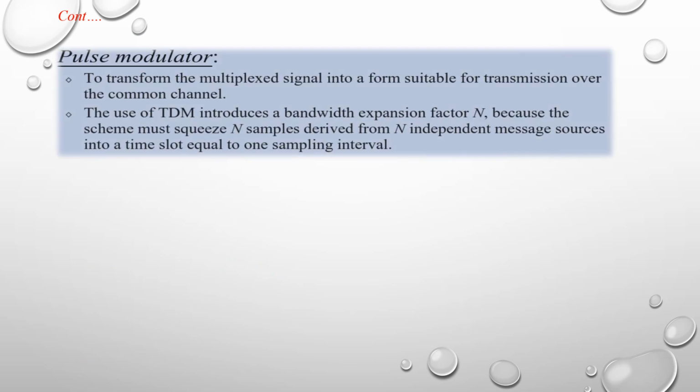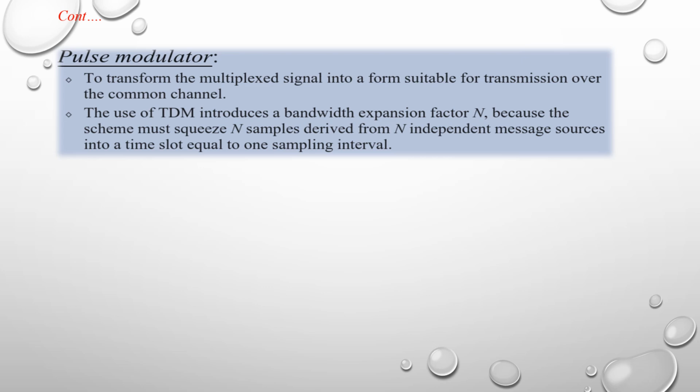The output of the commutator is applied to the pulse modulator. The pulse modulator transforms the multiplexed signal into a form suitable for transmission over a common channel.